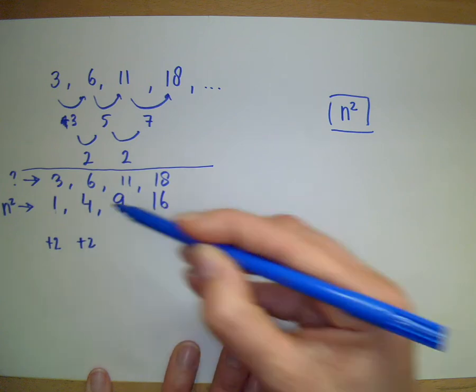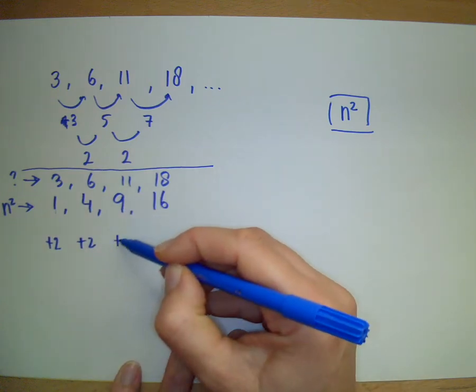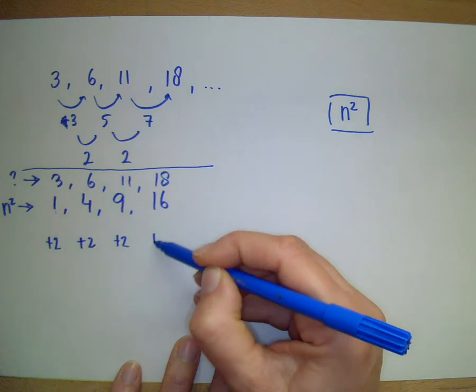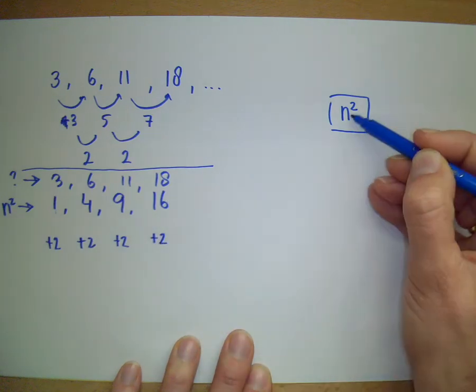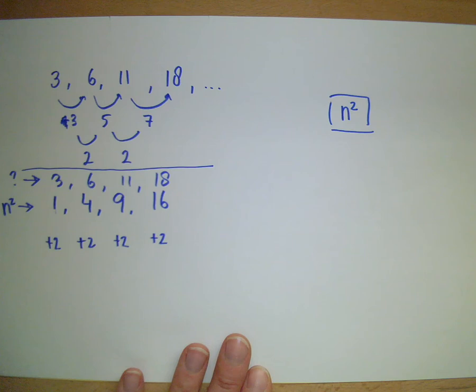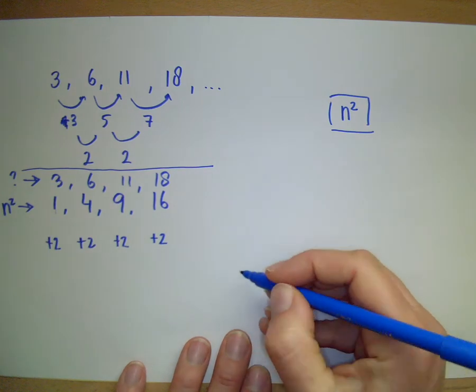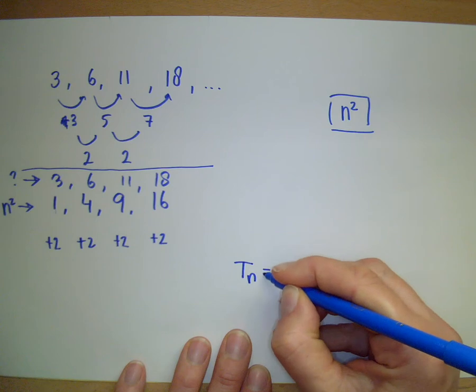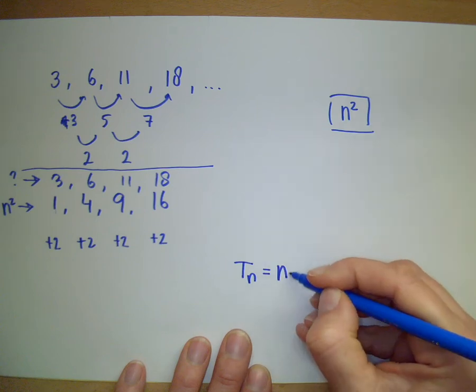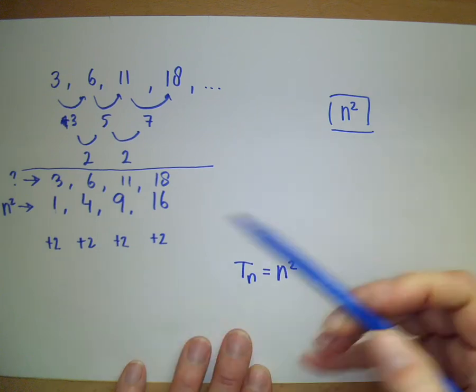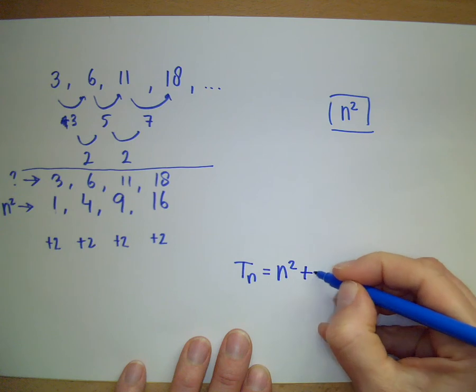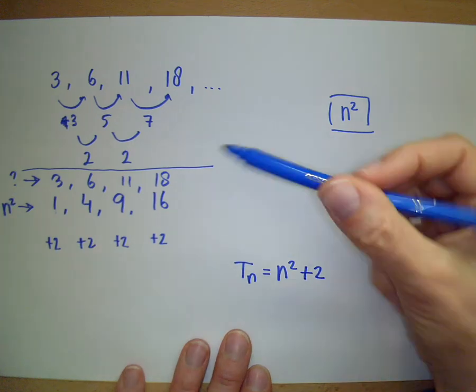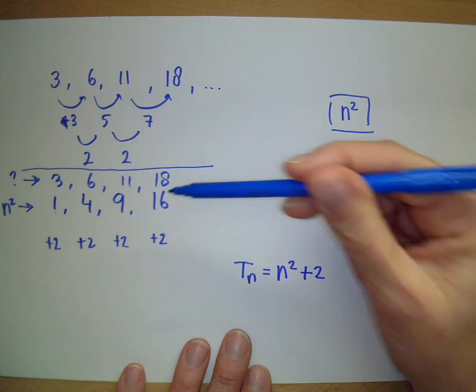Here, 2 more. Here, we have 2 more than the original n squared sequence. So what do you think our algebraic expression is going to look like? It's going to be n squared, but we're going to add 2 to each term. That will give us our sequence.